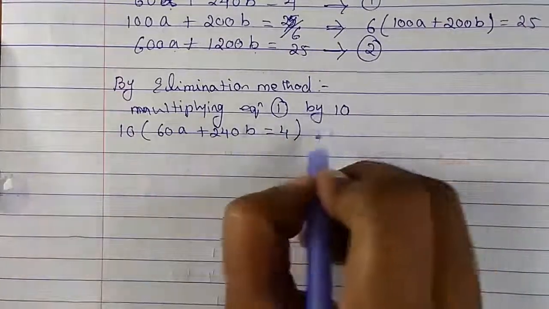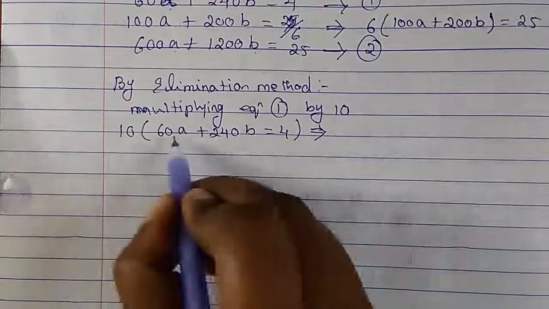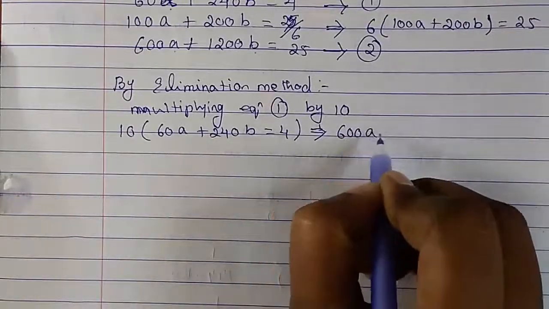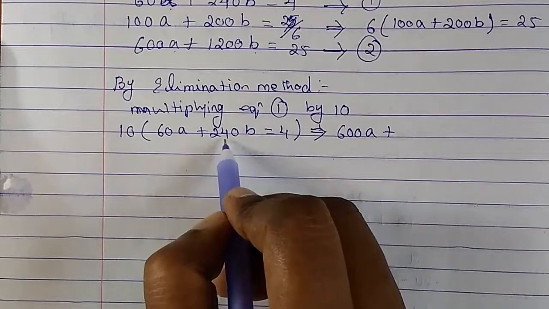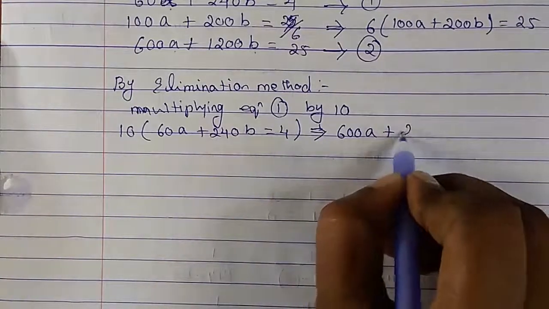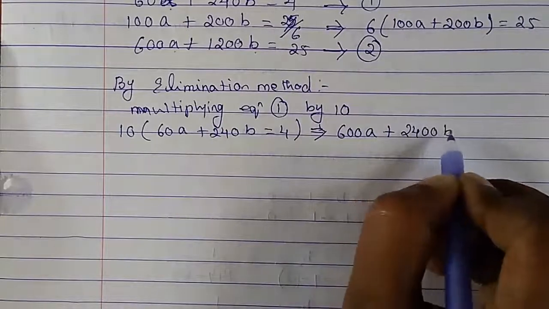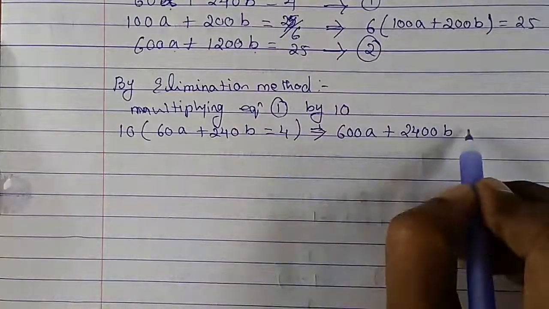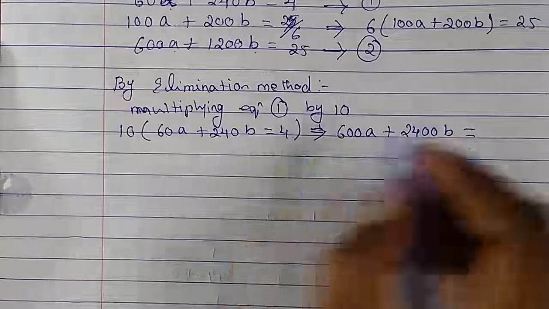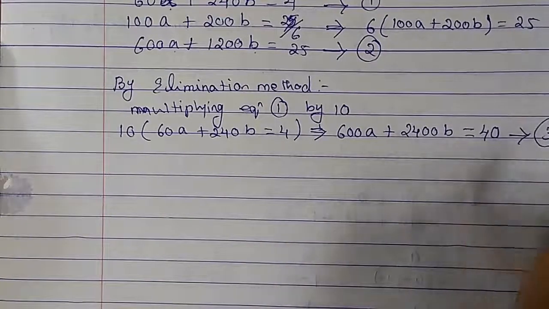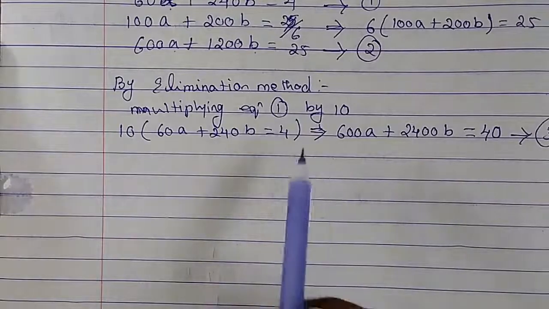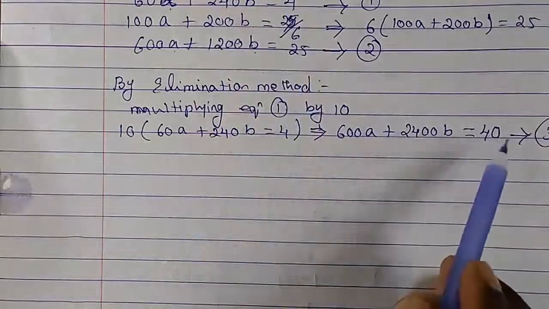So then I'll get 600a plus 10 into 240, which is 2400b, equal to 10 into 4, which is 40. This is my equation 3. So from equation 1 I have derived equation 3.